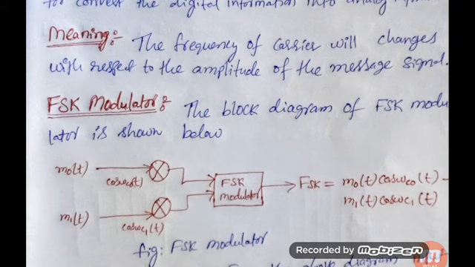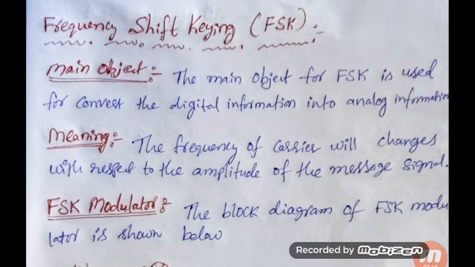On the input side we are applying two signals. One is the modulating signal, indicated as m0 of t, and the second one is the carrier signal, indicated as m1 of t. So the mixed signal m0 and m1 will propagate through the FSK modulator.